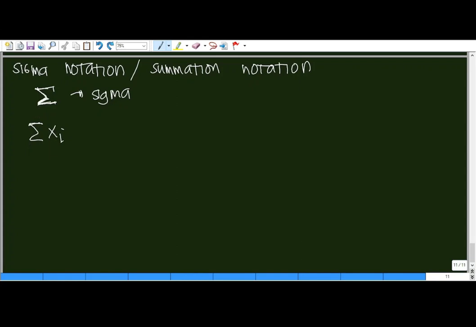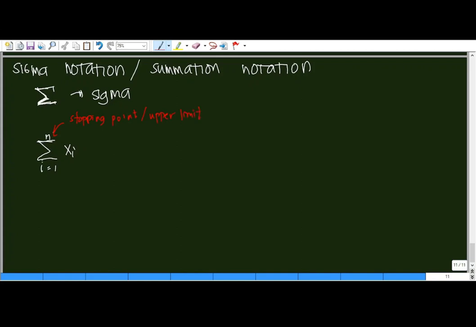So ang parts ng ating sigma notation, itong n dito, this one here, we call this your stopping point, or others they also call this as your upper limit.